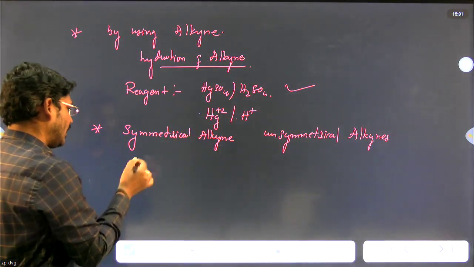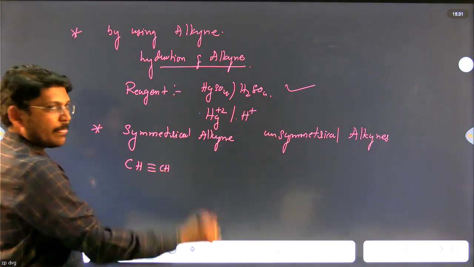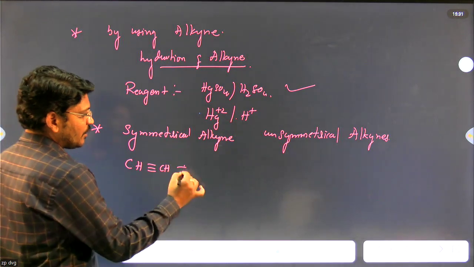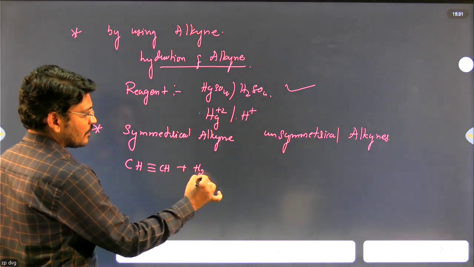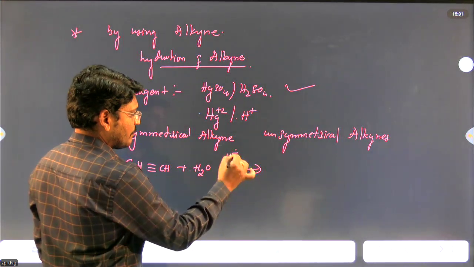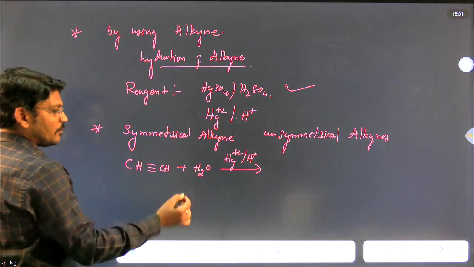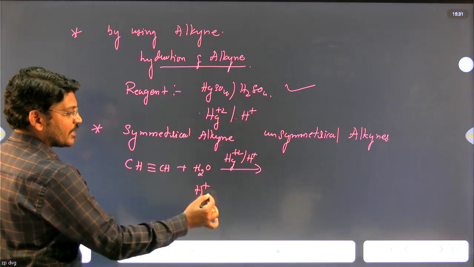If we consider symmetrical alkynes, such as CH triple bond CH, addition of a water molecule will take place in the presence of the reagent Hg2+ as well as H+. Initially, the water molecule undergoes dissociation as H+ as well as OH minus.